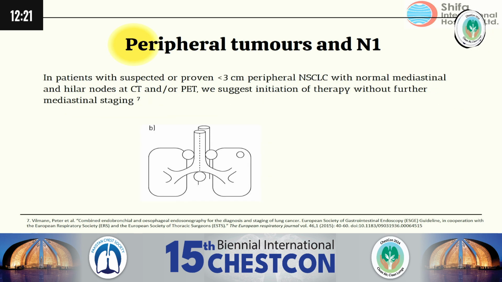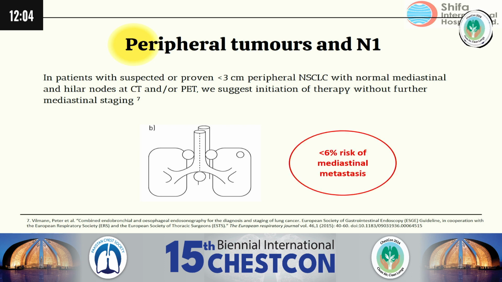But in cases where there is a peripheral tumor less than 3 centimeter and normal looking mediastinum and hilar nodes, then the guidelines suggest that the further therapy can be initiated without the need for further mediastinal staging. And it is because that there is less than 6% risk of mediastinal metastasis in these cases.